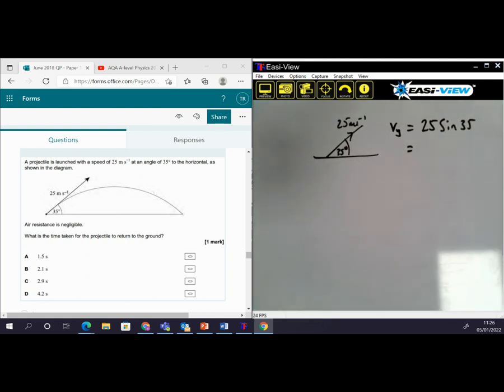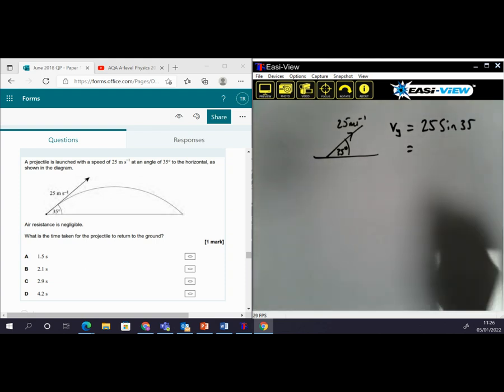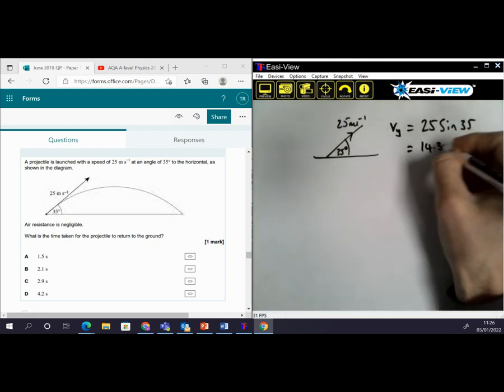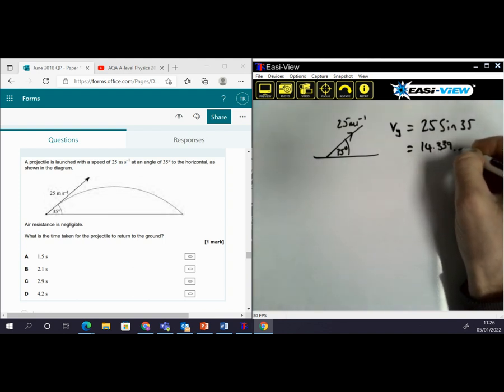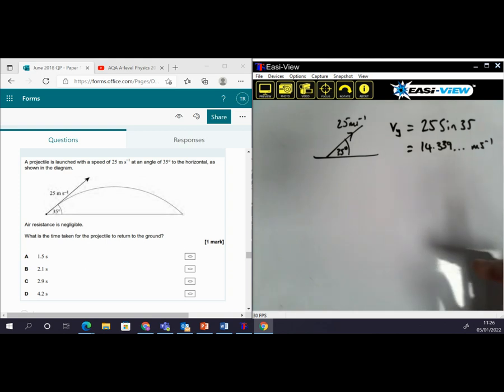So I can calculate that. 25 times the sine of 35 gives me 14.3 and some other numbers. So that's in meters per second, and that is my initial vertical speed.